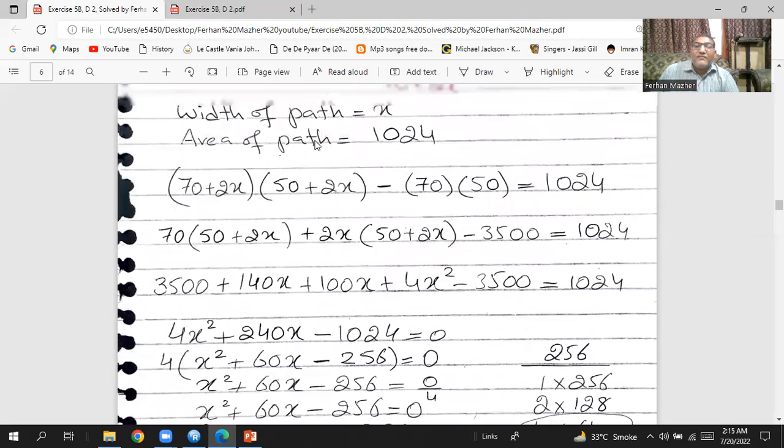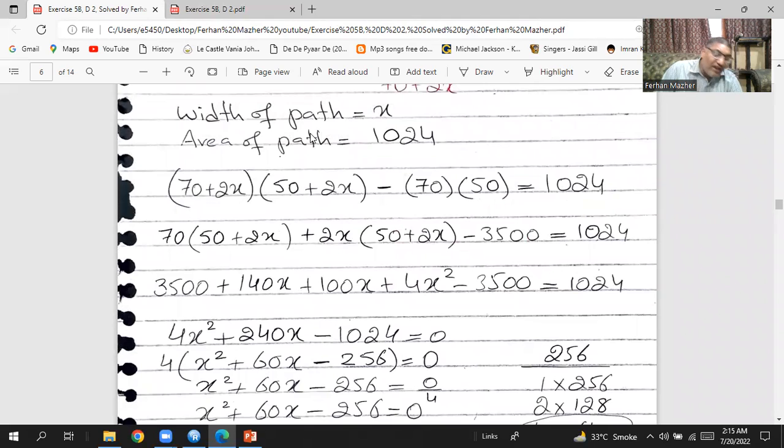So from the outer rectangle, if you subtract the inner rectangle, you will be left with the area of the path. So multiply the outer length and outer width, minus the inner length and the inner width. When 70 multiplies with this bracket, then plus 2x multiplies with this bracket, here you will have minus 3500 equals 1024.